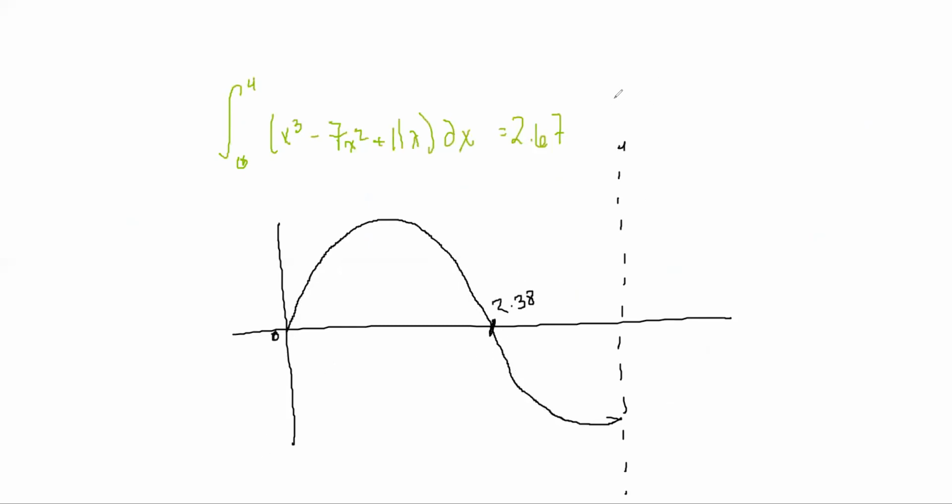So we broke it into these integrals. I'm going to color code these. Does the color coding help? Yes. Okay, good. So we have 0 to 2.38 of f of x, and then 2.38 to 4 of f of x, and this curve is just f of x.